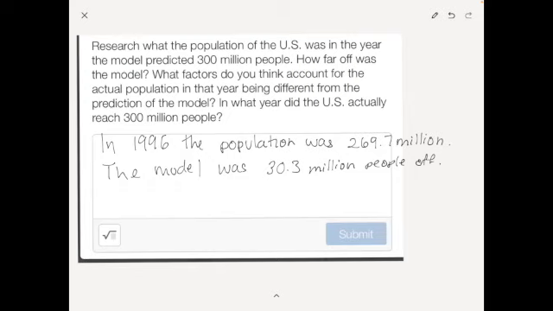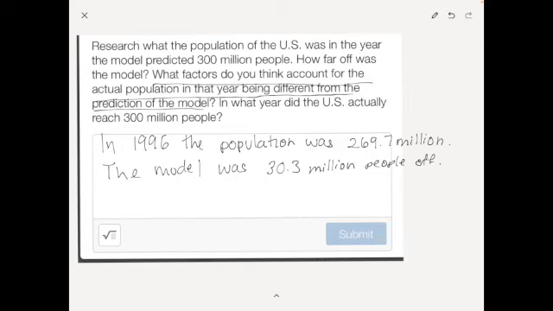So the exponential equation that they came up with in 1964 wasn't super accurate for the year 1996. I'm reading the next question: what factors do you think account for the actual population in that year being different from the prediction of the model?